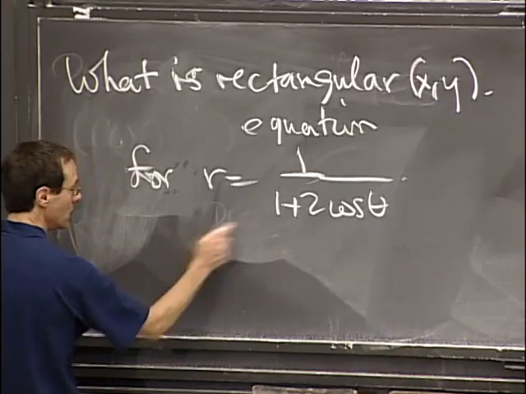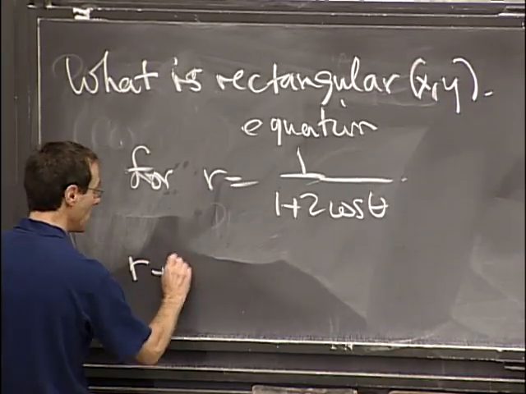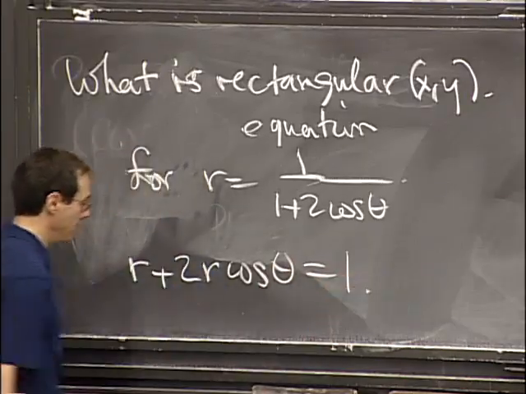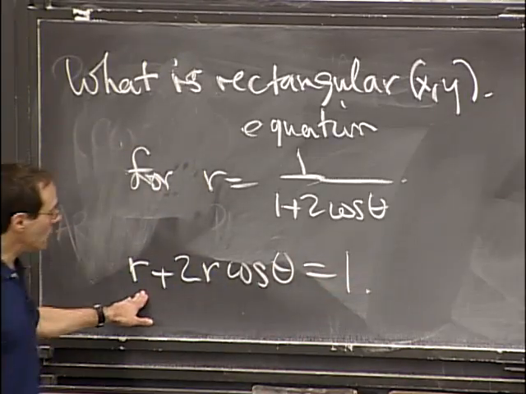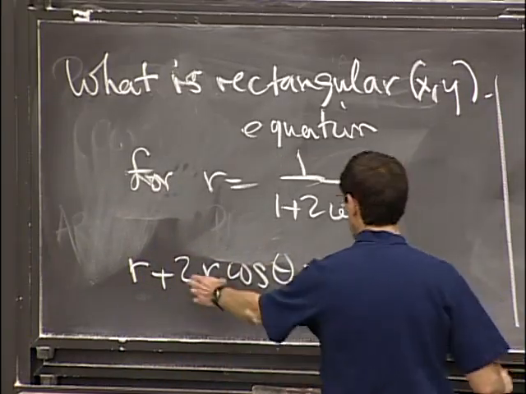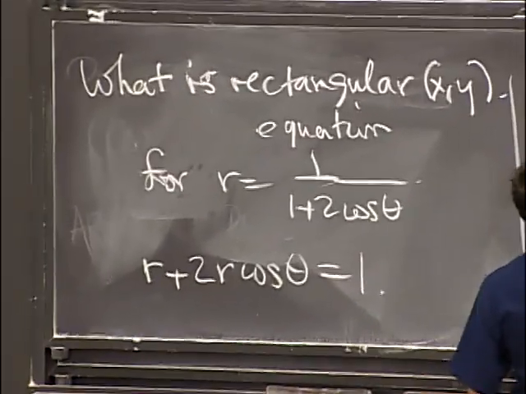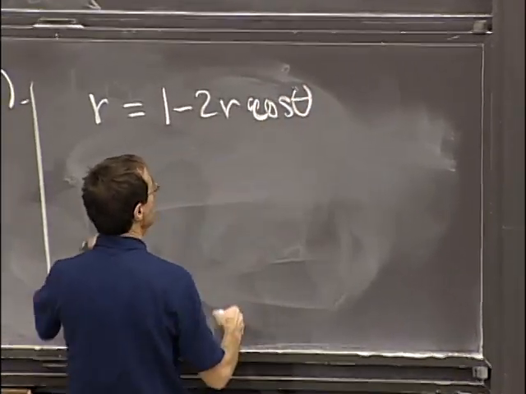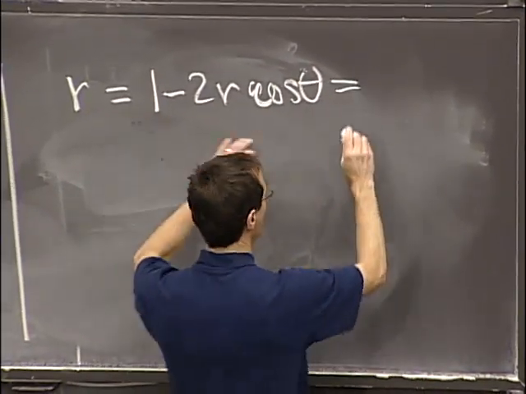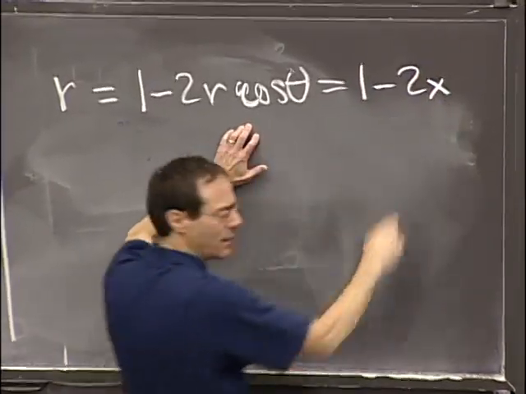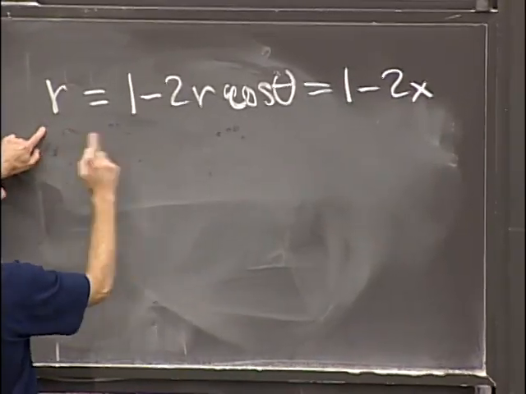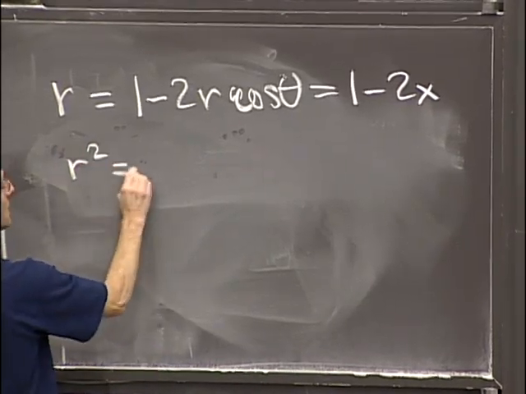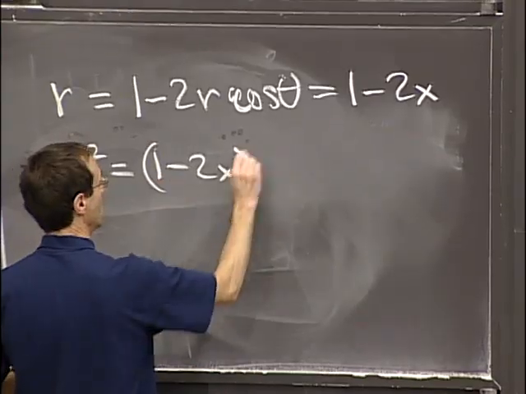Well, first I'm going to clear the denominator here. This is r plus 2r cosine theta equals 1. And now I'm going to rewrite it as r equals 1 minus 2r cosine theta. And the reason for that is that in a minute I'll explain to you why. This is 1 minus 2x. And this guy I'm going to square now. I'm going to make this r squared equals (1 minus 2x) squared.